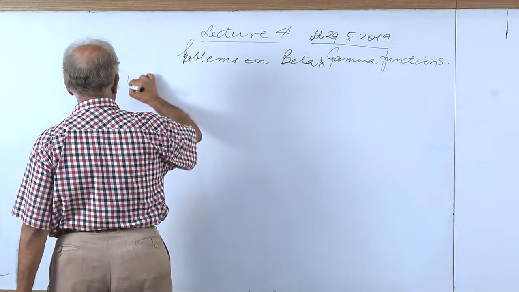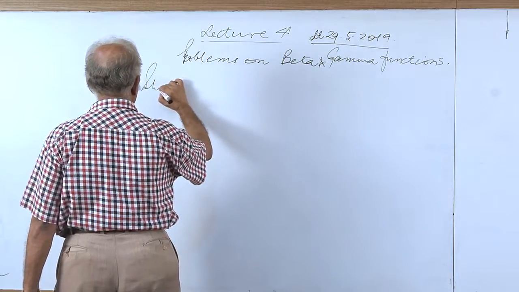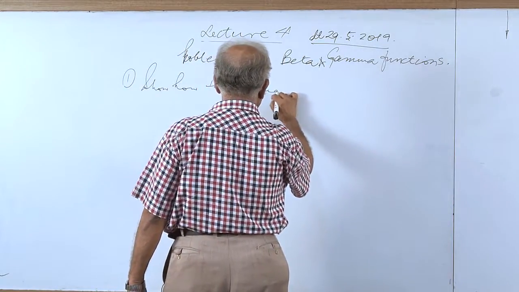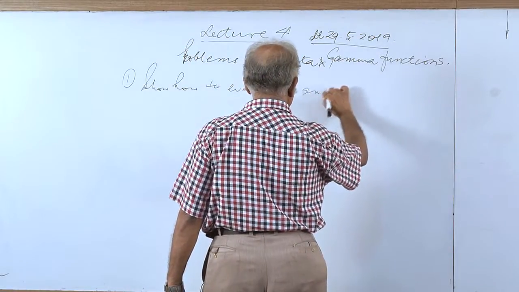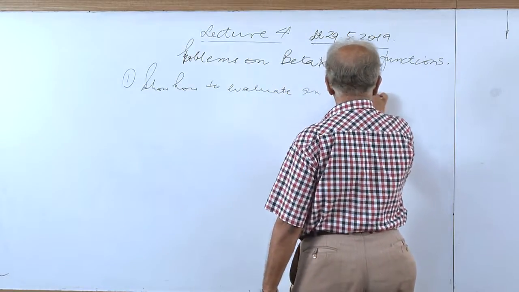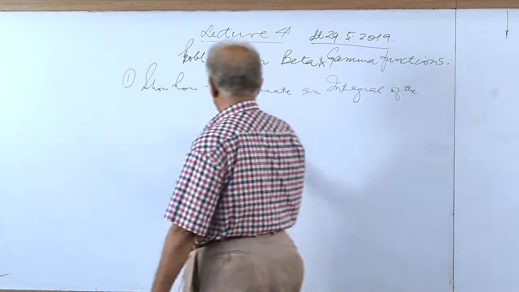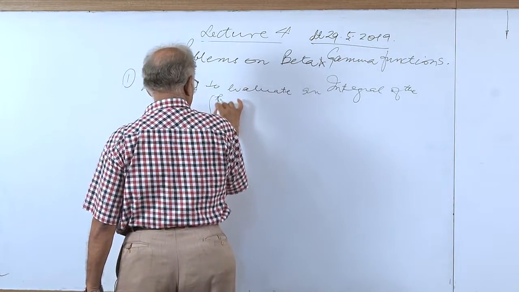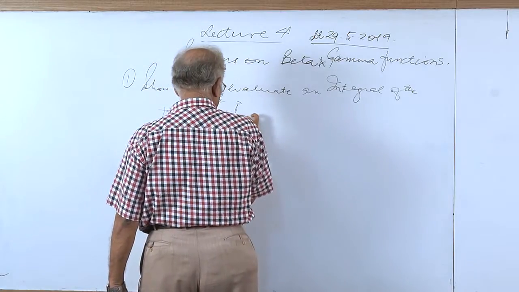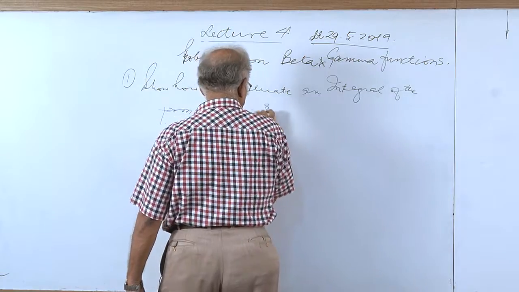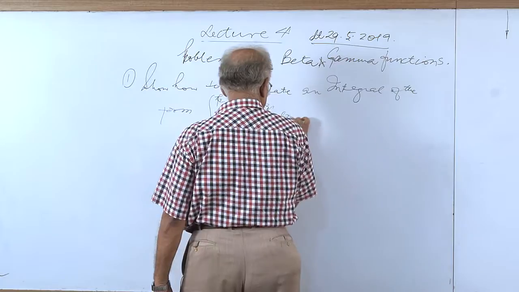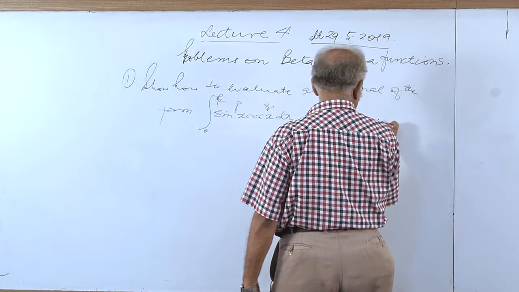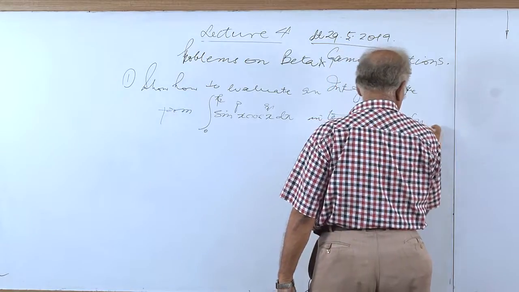We can say this is, let's say, question 1. Show how to evaluate an integral of the form 0 to pi by 2 sine x raised to the power of p cos x raised to the power of q dx, obviously in terms of the beta gamma functions.